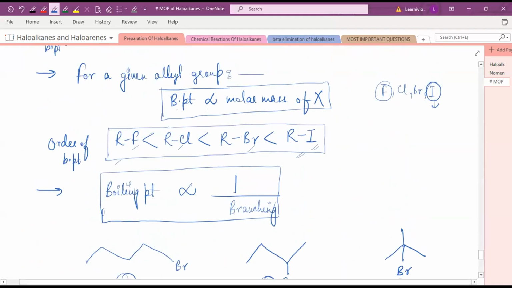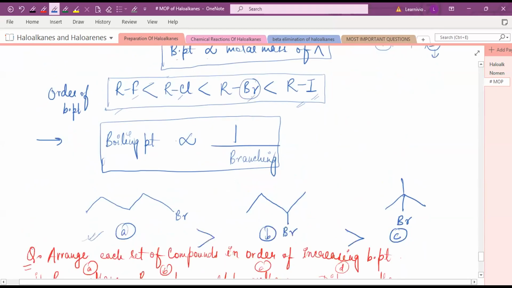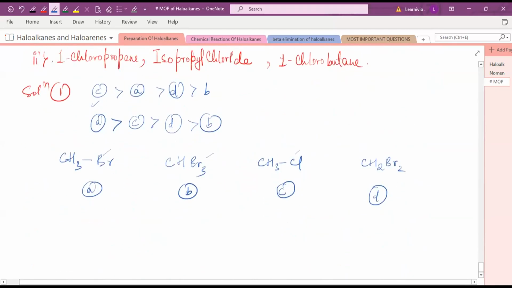The order of boiling point is highest in Br, then Cl. So chlorine will have the lowest boiling point, because the halogen group has the lowest molar mass. Between bromine and chlorine, obviously chlorine has the lower molar mass. So CH3Cl will have the lowest boiling point.